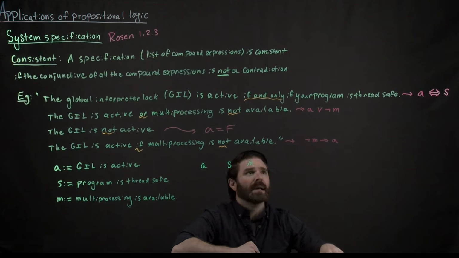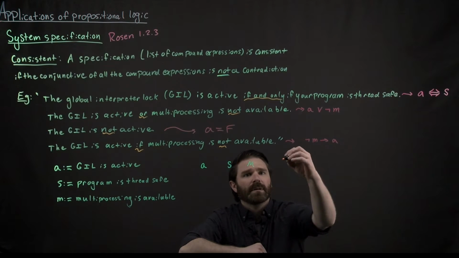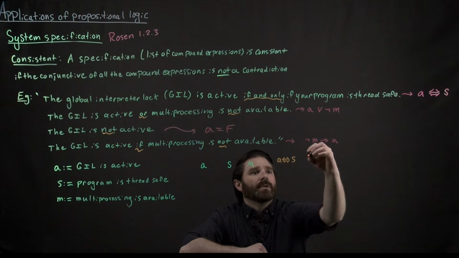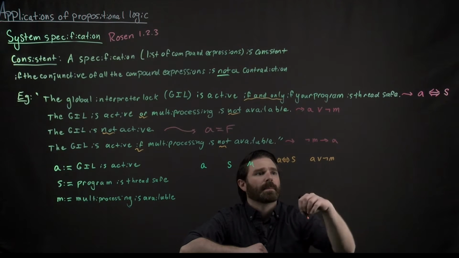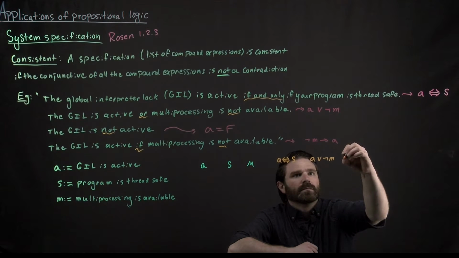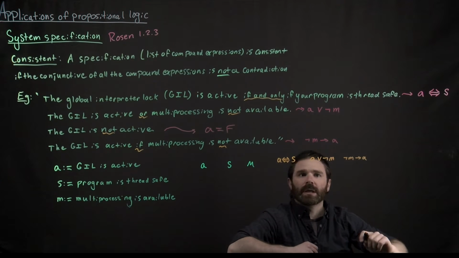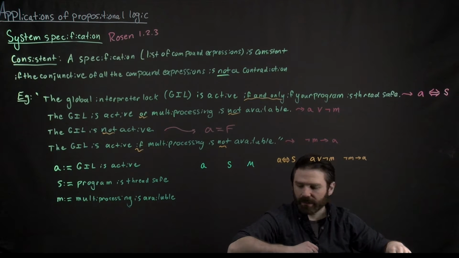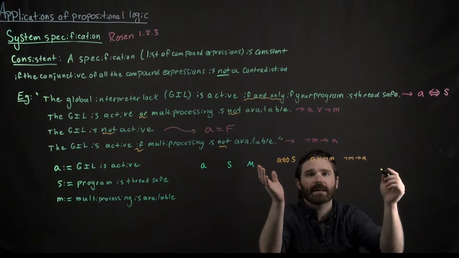This scratch work is going to be as follows. I'm going to have A if and only if S. I'm going to have A or not M. There we go. So that is all of my scratch work in the middle. And at the very end, I have my big old conjunction of all of these together.